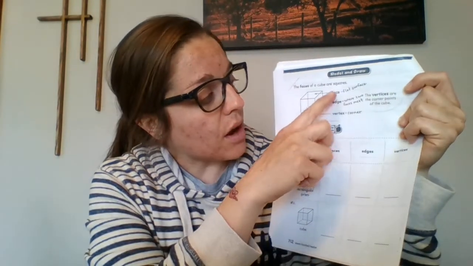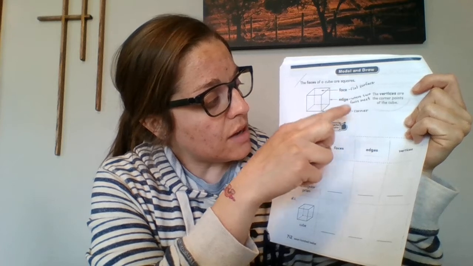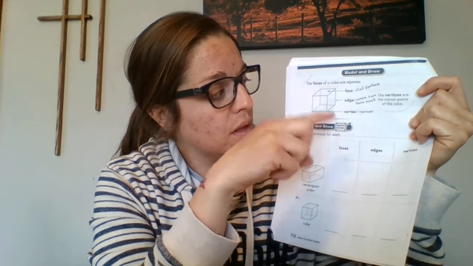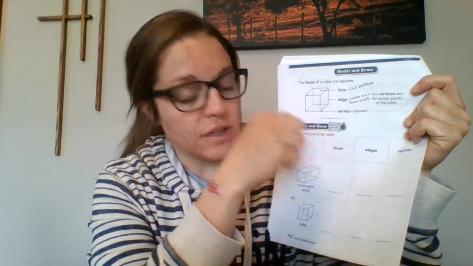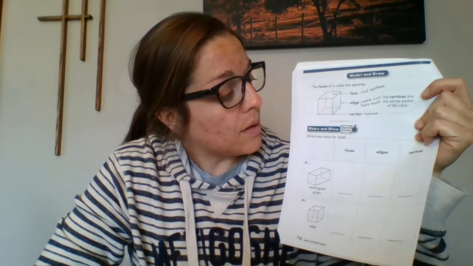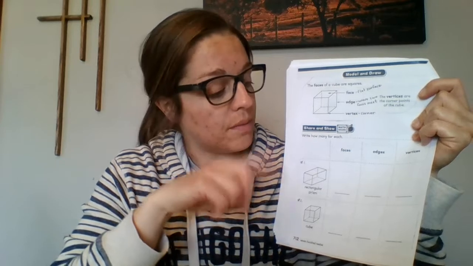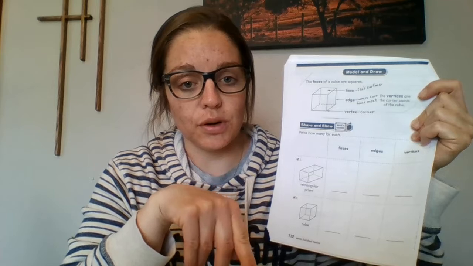And those 3 things are faces, edges, and vertices. Or the singular way to say them would be face, edge, vertex. But if you ever hear them, or if the book, or if your math paper ever says vertices, that's just the plural form of vertex. So it just means more than one vertex.